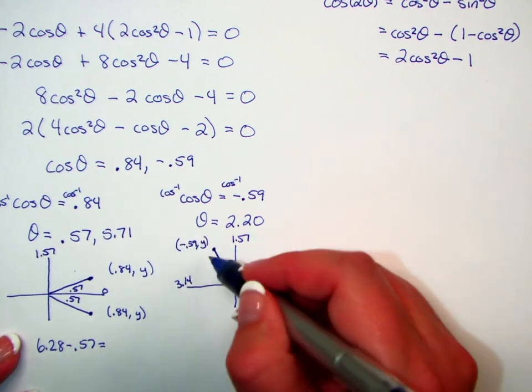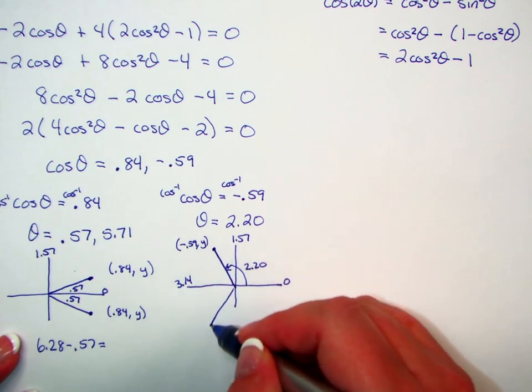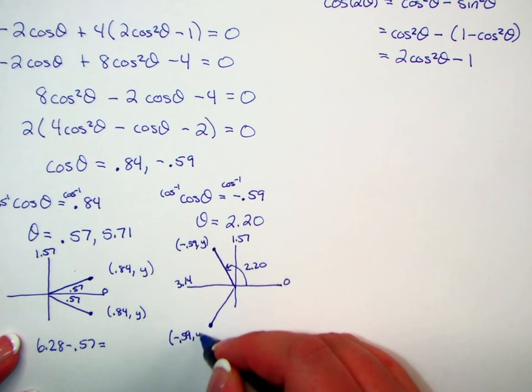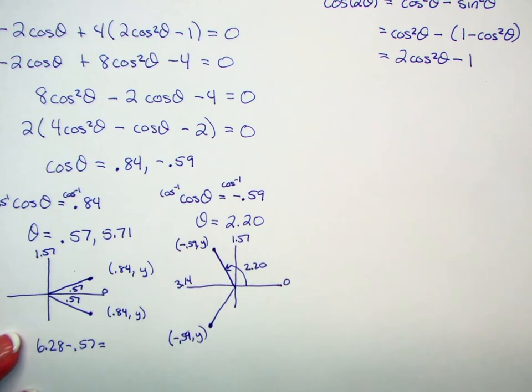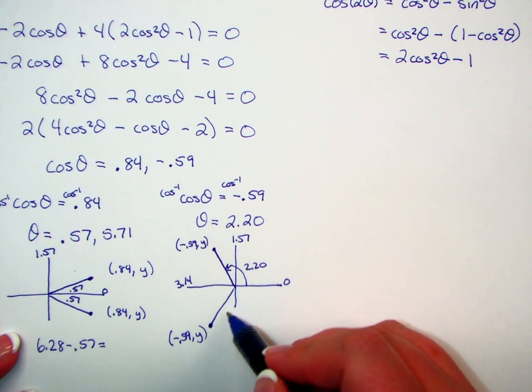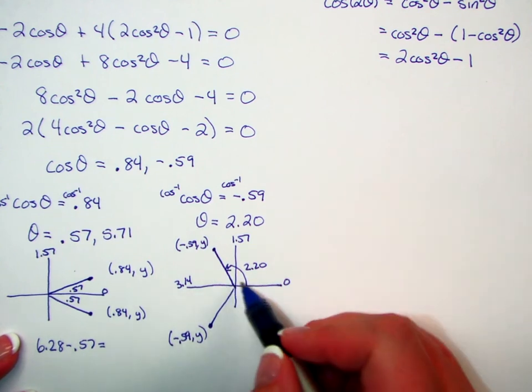So where else is the x value -0.59? Well, it's down here in quadrant 3. This is going to be -0.59, comma y as well. We can go 2.20 this way, or we could figure out what this reference angle is, which is what I'm going to do.